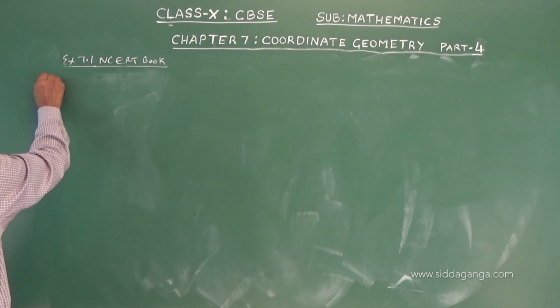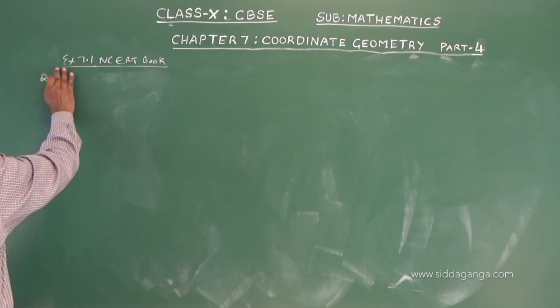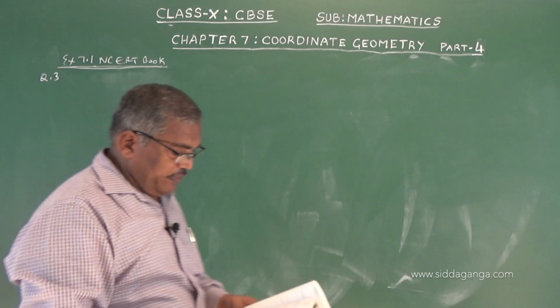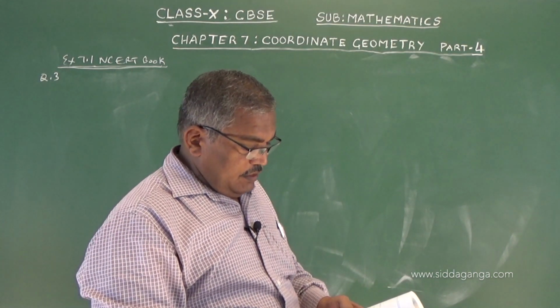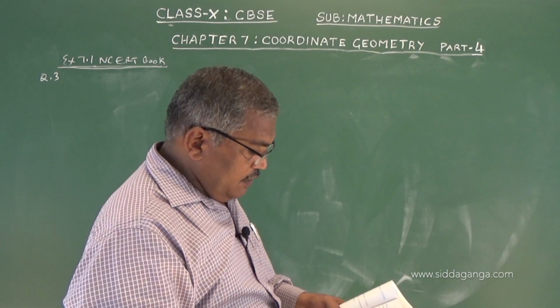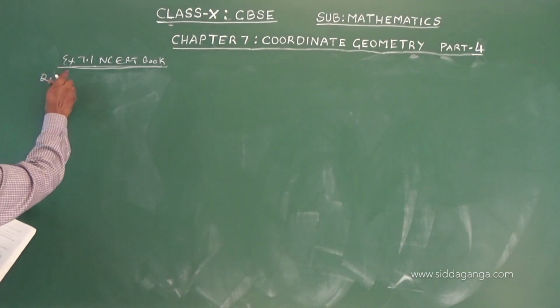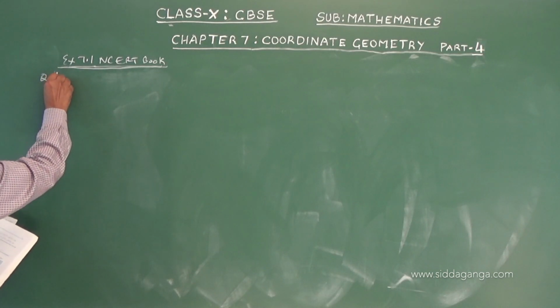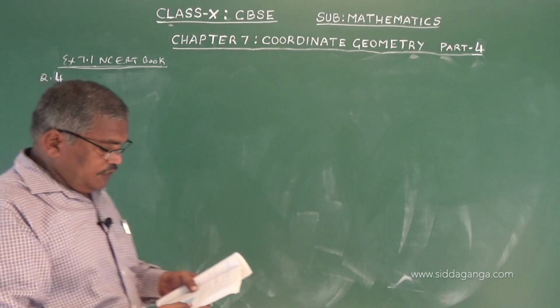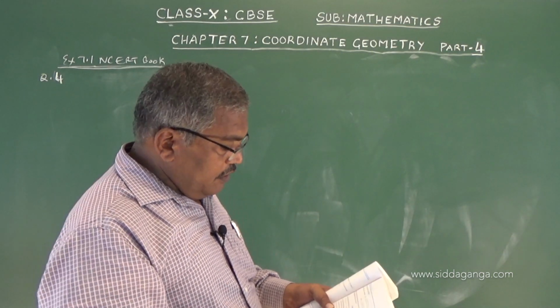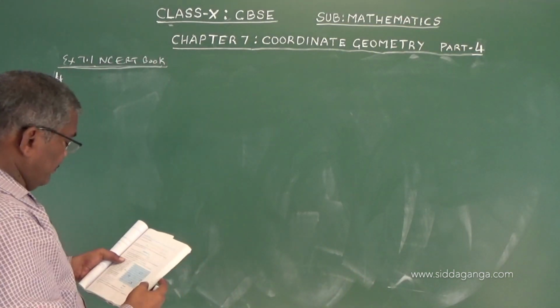I will take up question number 3. Exercise 7.1, question number 3. Oh, 3 we have done. Question number 4. I think there may be some confusion in the serial numbers. Just now we did question number 5. Now we will take up question number 4.